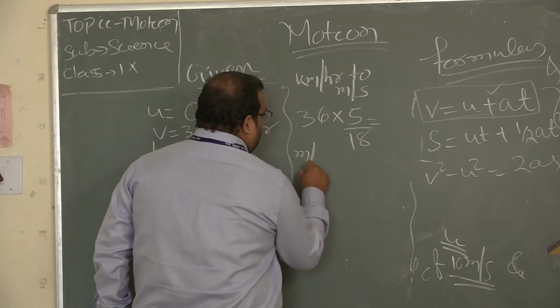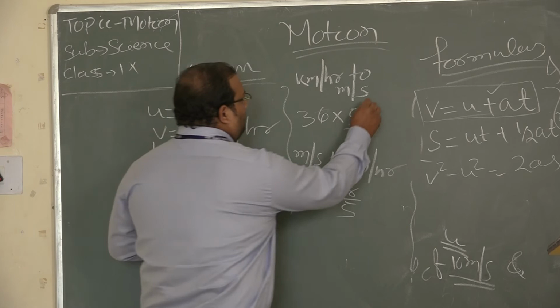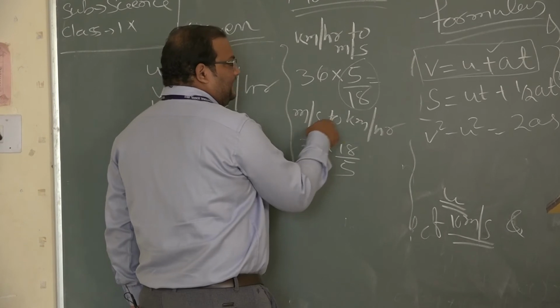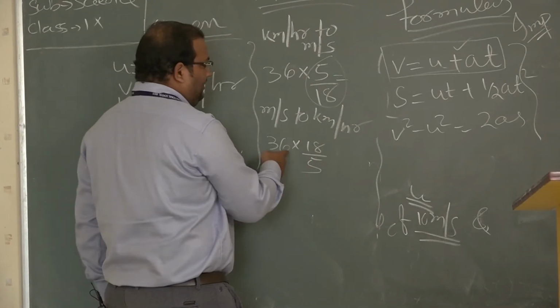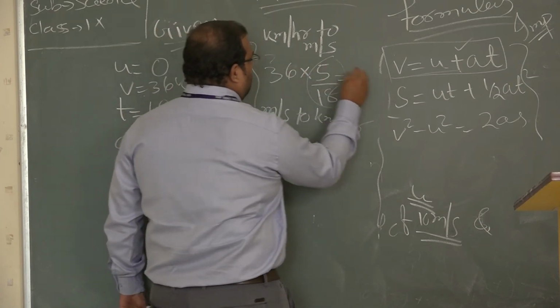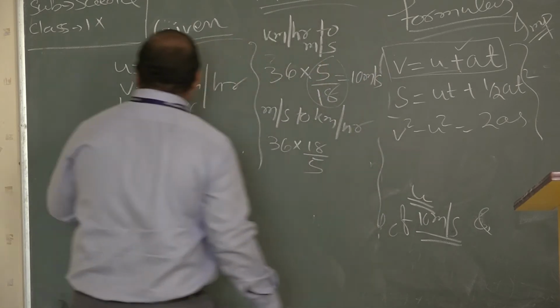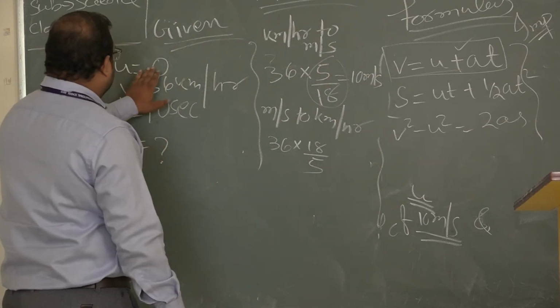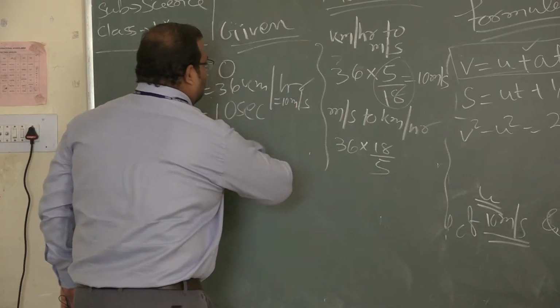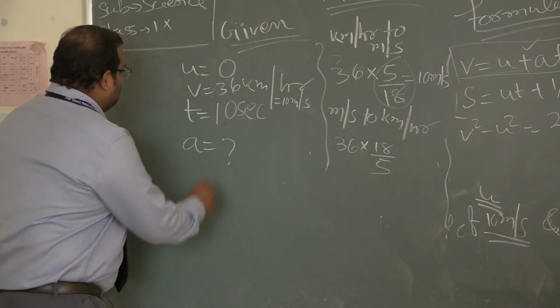To convert meter per second to kilometer per hour, we multiply by 18 by 5. Just remember this one. So 36 into 5 by 18, what will it be? 2 into 5, 10. So 36 kilometer per hour is also equal to 10 meter per second. Are you getting me?